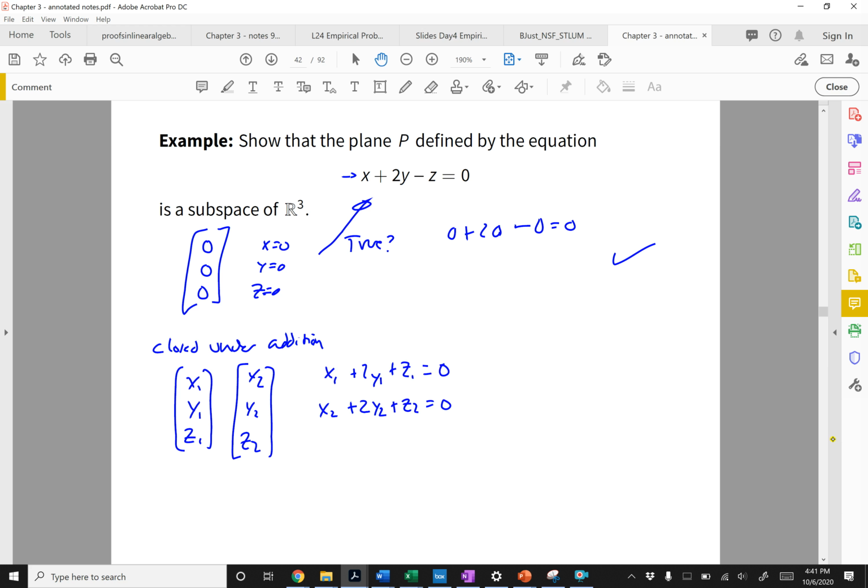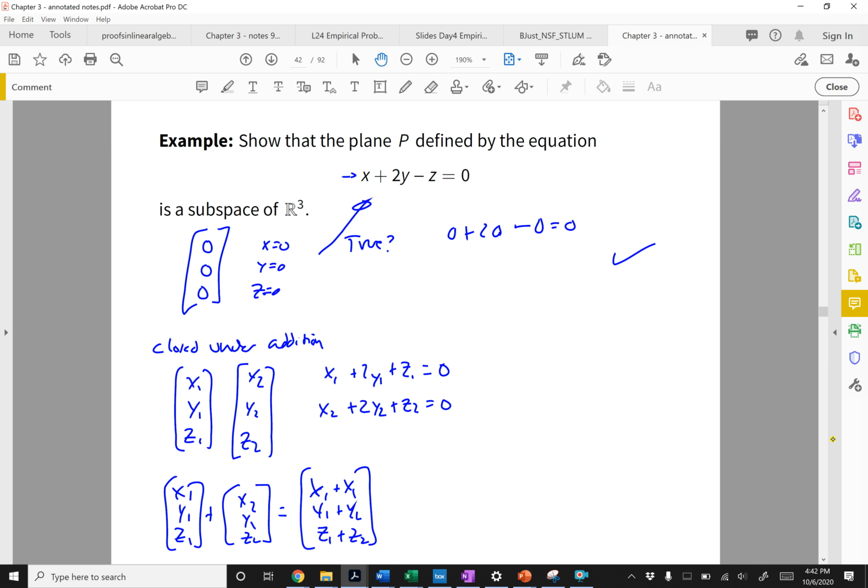So what happens if we add these two together? x1, y1, z1 plus x2, y2, z2 equals x1 plus x2, y1 plus y2, z1 plus z2. We get that vector, and we have to show that that's still on this plane.